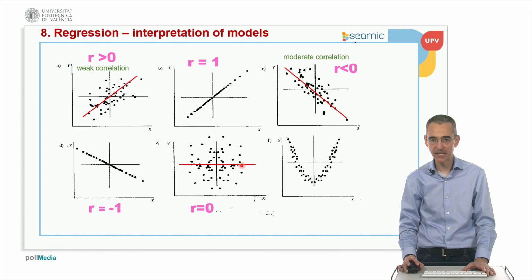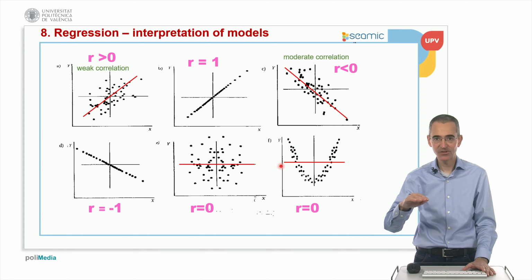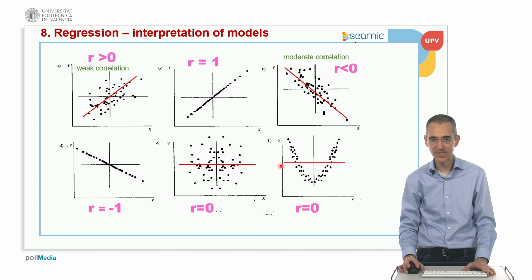And this is a special case because we can fit a predictive model. We can see a curve, so that we can fit a curve like this to make predictions. But if we just fit the equation of the straight line, that line will be horizontal, and for that reason the correlation coefficient will be 0.